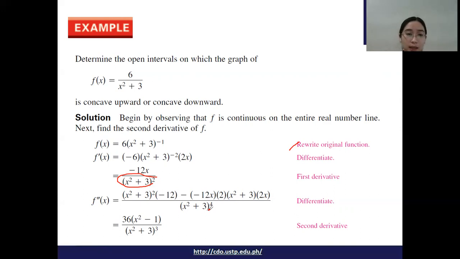By simplification and factoring, the final answer for the second derivative is 36 times the quantity x squared minus 1, all over x squared plus 3 cubed.